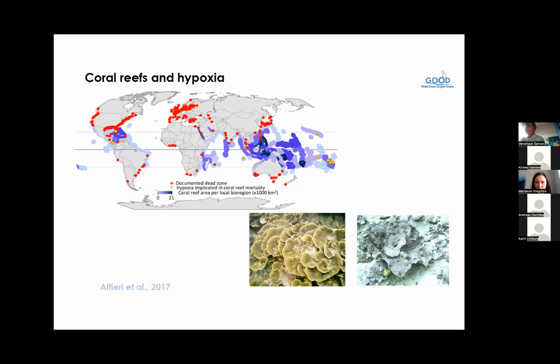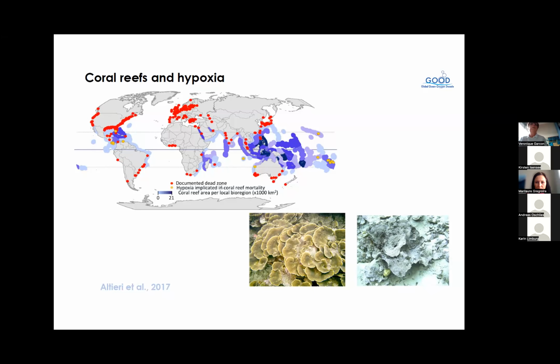And this is from Bocas del Toro of Panama, a picture from the work of Altieri et al. They did a literature search, and they produced that worldwide distribution map of dead zones and coral reefs where hypoxia has been involved in mass mortality of those reef organisms.